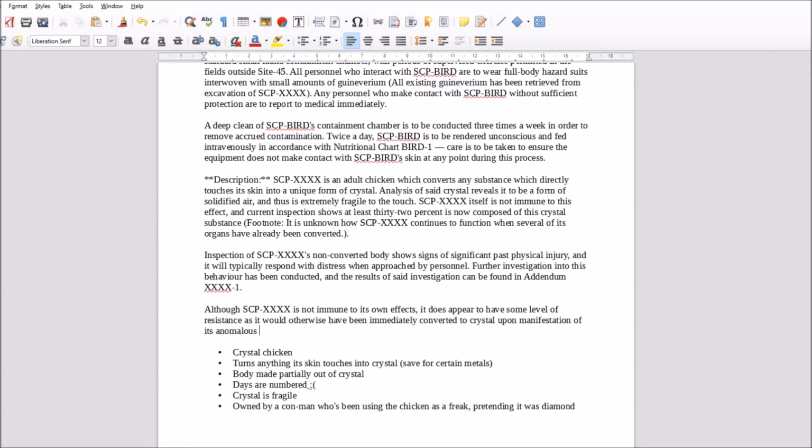And see, this is interesting too, because this gives you another in to further torture this chicken in the addendum. Perhaps because it's immune to its own effects, it's been tested on, had its blood taken in various ways, because it's tricky with the crystal part to try and create antibodies of this. So it's been experimented on by the Foundation. Right, yes.